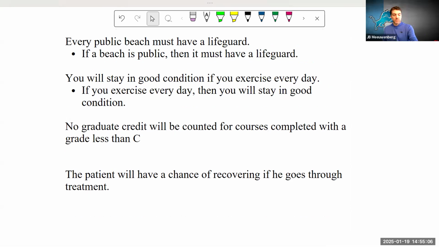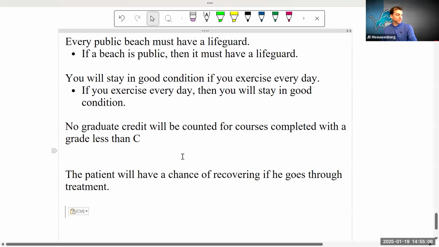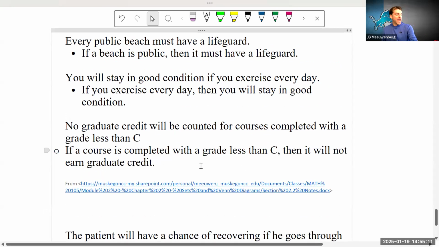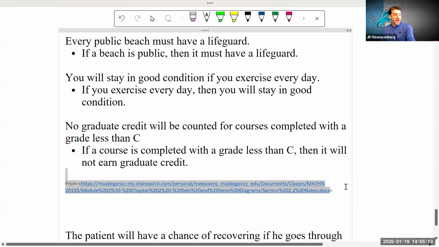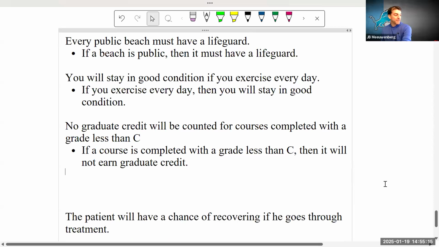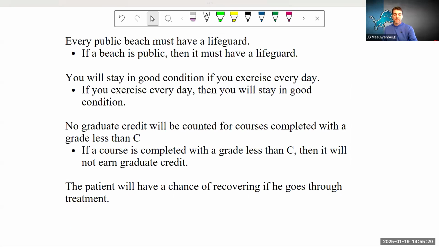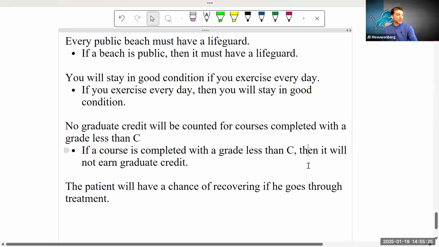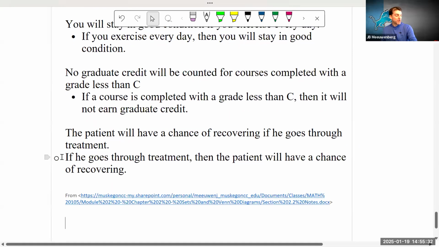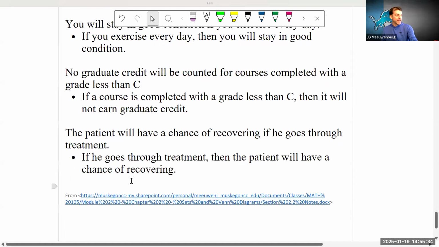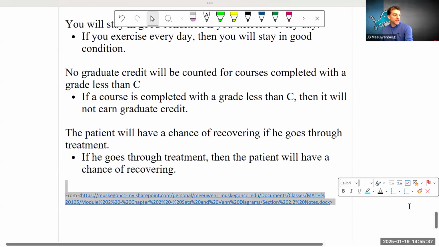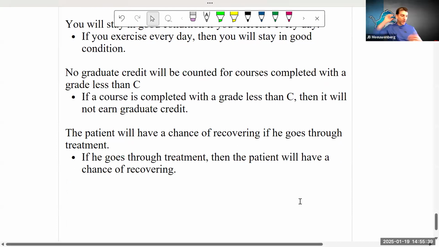Perhaps something like this. If a course is completed with a grade less than C, then it will not earn graduate credit. Again, hypothesis, conclusion. And finally, the patient will have a chance of recovering if he goes through treatment. How about something like this? If he goes through treatment, then the patient will have a chance of recovering.